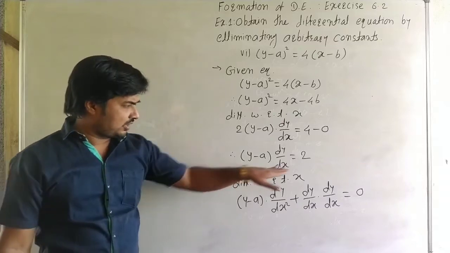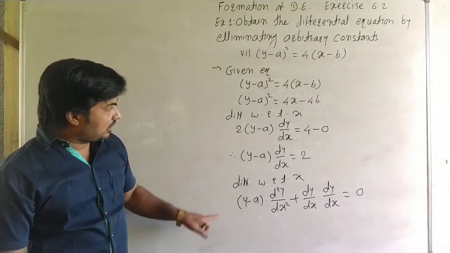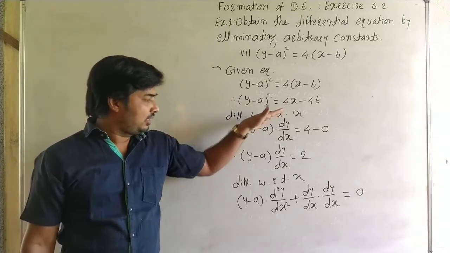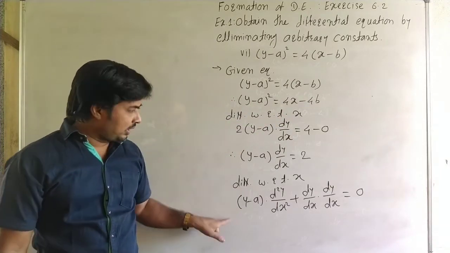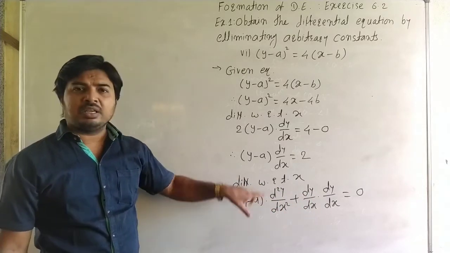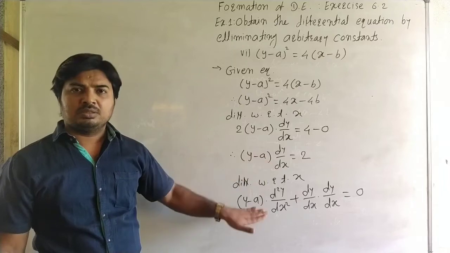See carefully, we differentiate 2 times. There are two arbitrary constants a and b, but after the second differentiation the constant y minus a is still present here.